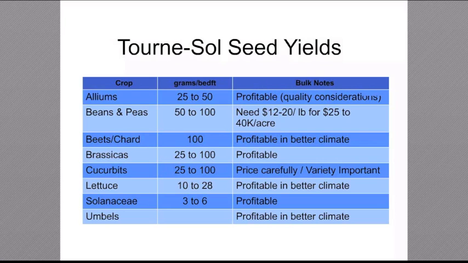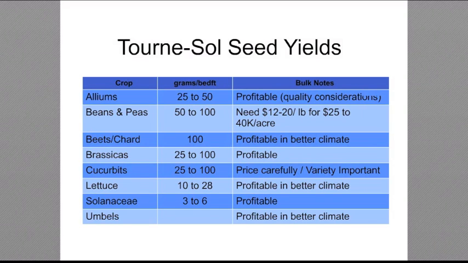Beets and brassicas, lettuce, solanaceae, all those crops can be quite profitable as either a bulk crop or a packet crop, though climate makes a big impact, especially for the beets, chard, and lettuce. For us, some years we can get the quality we're looking for and the quantity we need to sell bulk, and some years we can't.